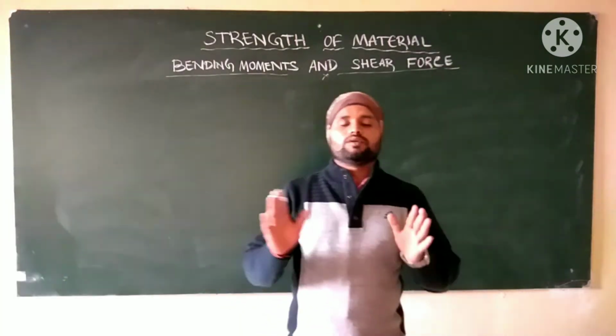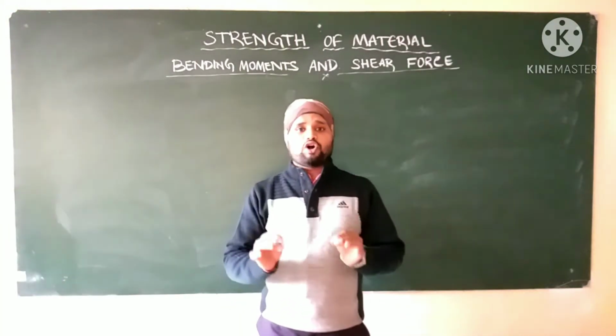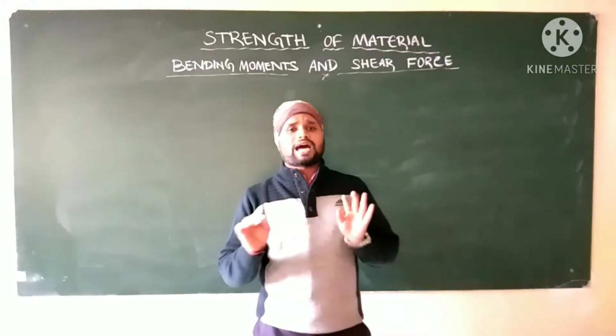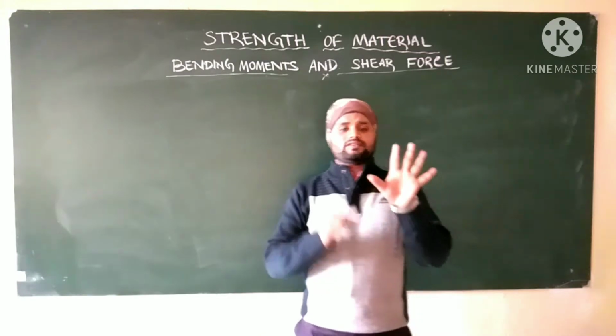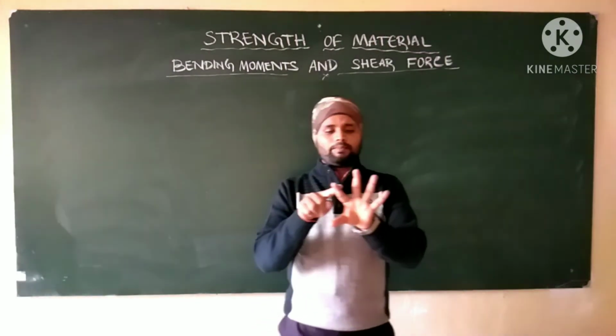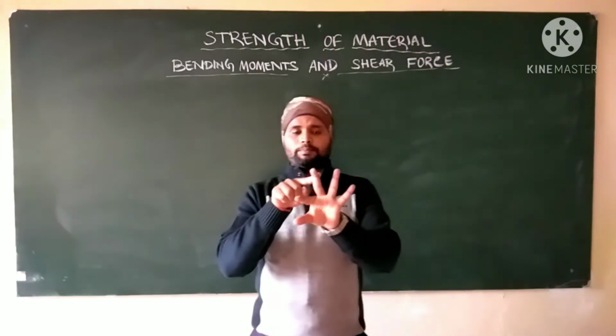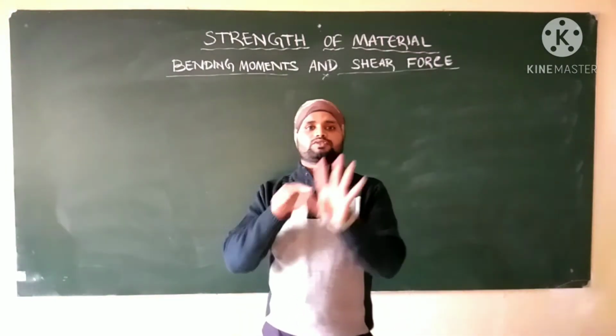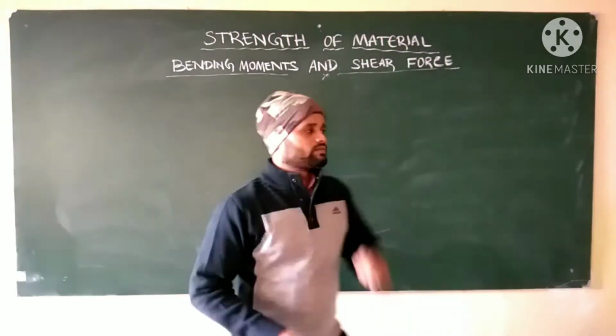Next we will study the types of beam. Generally, beams are of 5 types. What are they? Cantilever beam, simply supported beam, overhanging beam, fixed beam, and the last one is continuous beam. So 5 types of beams are there.